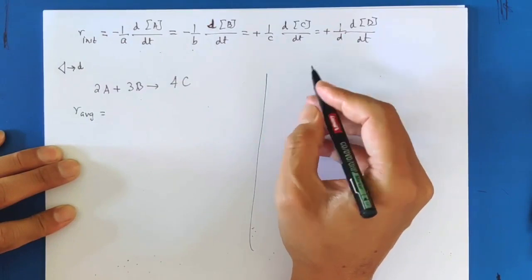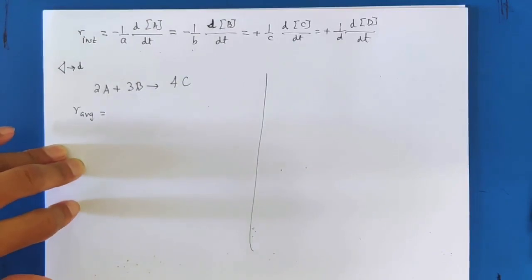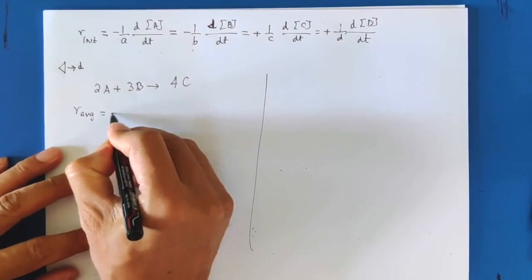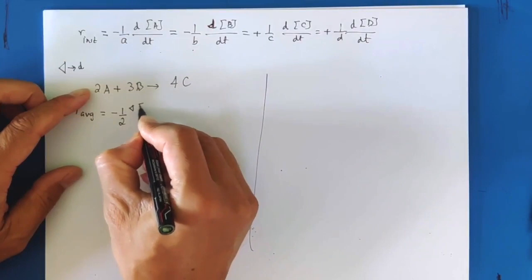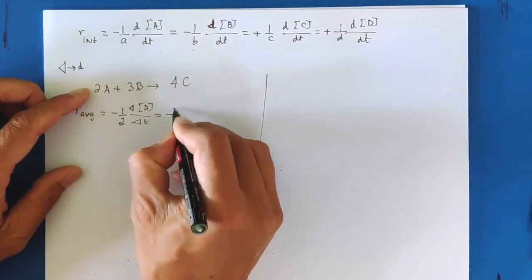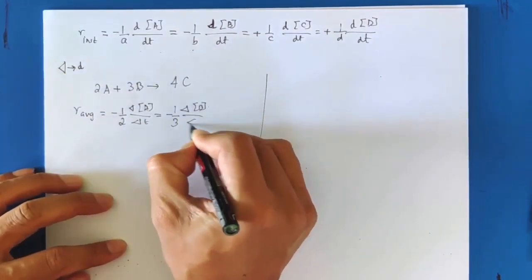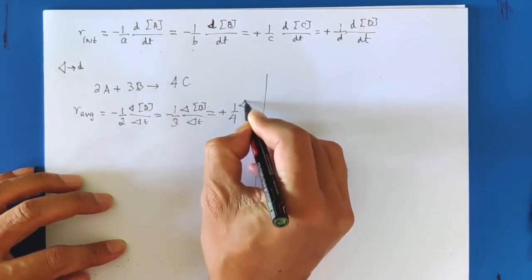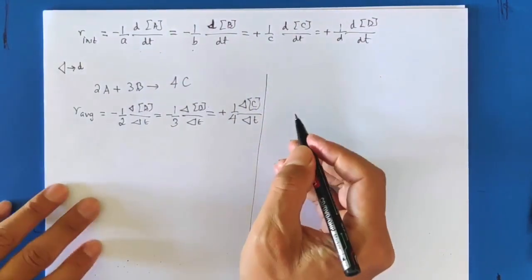Start: minus, the stoichiometric coefficient comes down. So minus 1 by 2 del A by del t equal to minus 1 by 3 del B by del t equal to plus 1 by 4 del C by del t. This is the average rate of reactions.